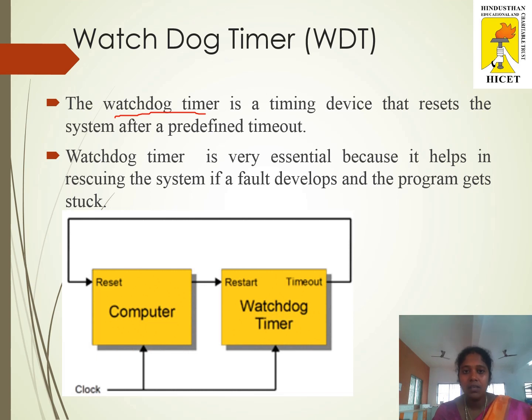For example, if you predefine 5 minutes in the watchdog timer, then once you start executing the processor in the computer, if a fault occurs or it gets stuck in the middle, after 5 minutes it is automatically reset and the program starts running from the initial conditions. That is the purpose of the watchdog timer in an embedded system.